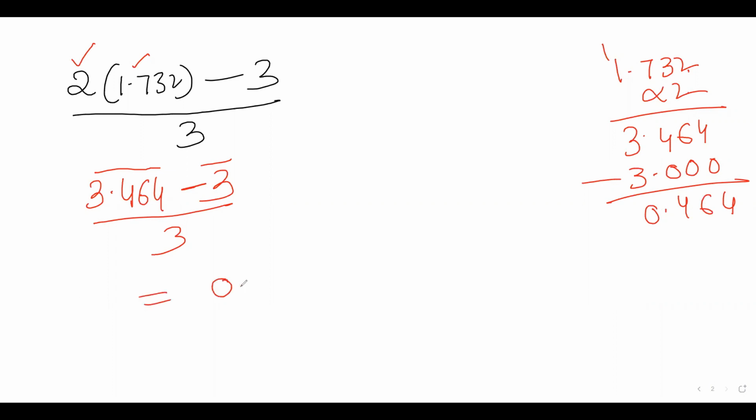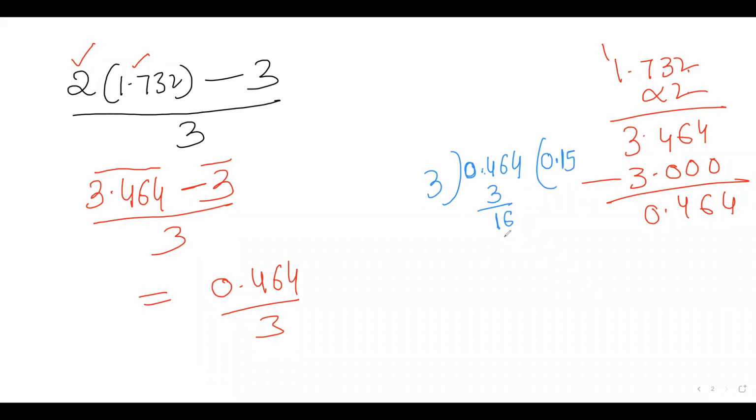So 0.464 by 3, I will show how to divide. 0.464 divided by 3. You are crossing the decimal point, so put a point. 3 ones are 3. 1 remaining, get 6. 3 fives are 15. 1 remaining, get 4. 3 fours are 12. 2 remaining.